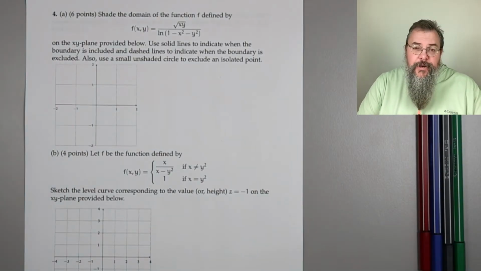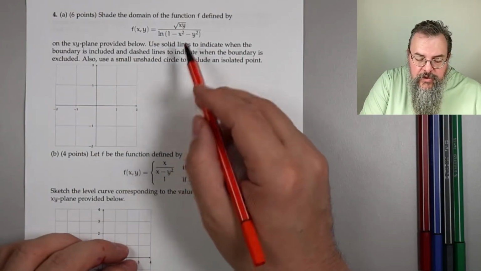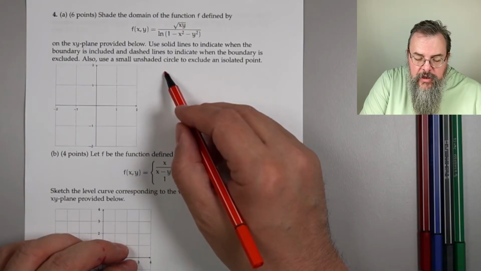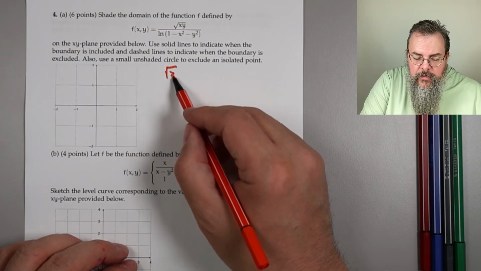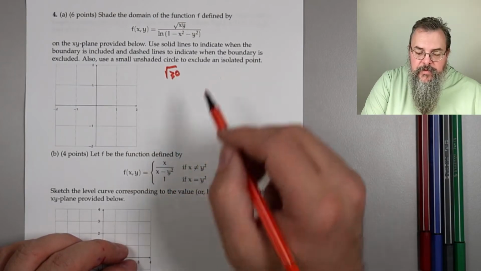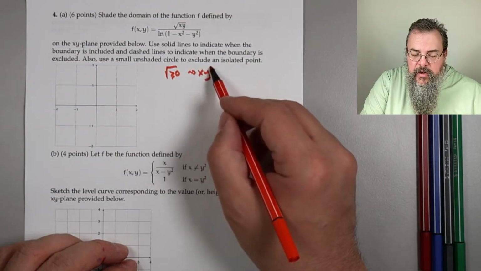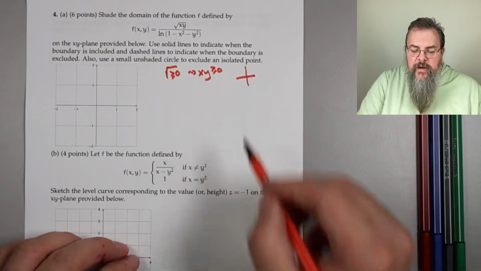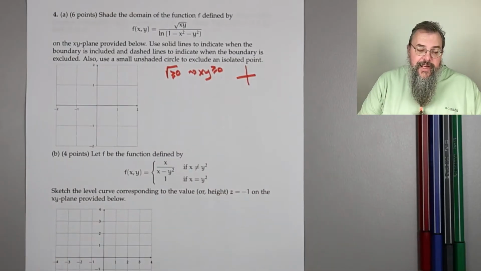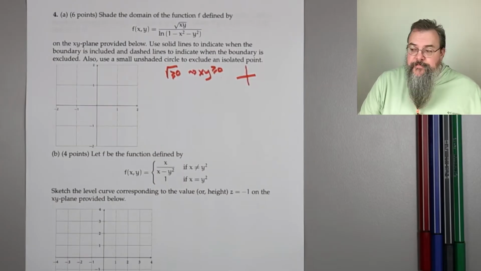Now, when we're talking about domain, we usually say we try to avoid our problems. So we see a square root, we know we need to avoid square roots of negatives. So whenever we see a square root, what's on the inside has to be greater than or equal to 0. That says we need that xy has to be greater than or equal to 0. And if you think about what that translates into, it means when you multiply x and y together, you have to end up with a non-negative thing.